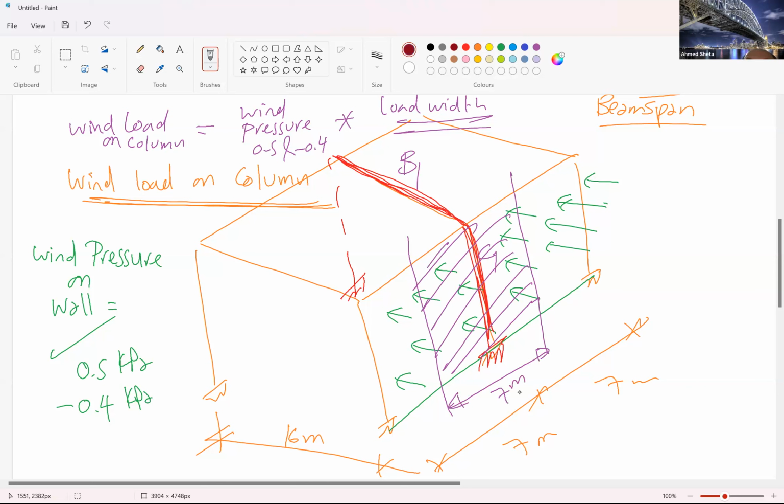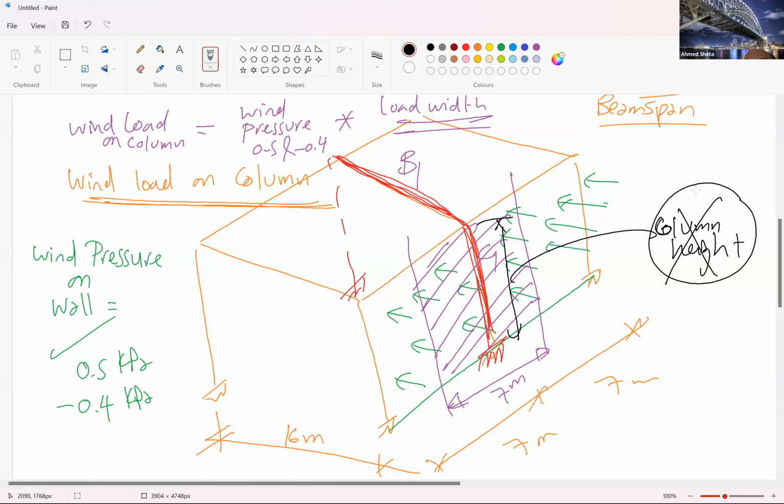Because what happened in previous deliveries, they took the load width of the column as the column height. The column height is wrong. Column height is not involved in this calculation, because what we are doing is just converting these green arrows to a load on this red column. So what is the formula?